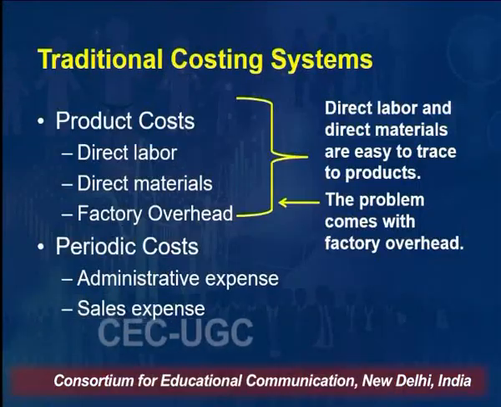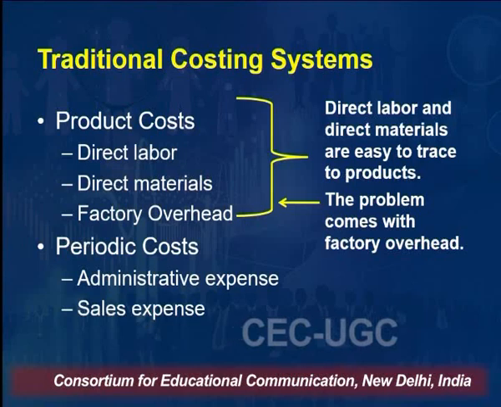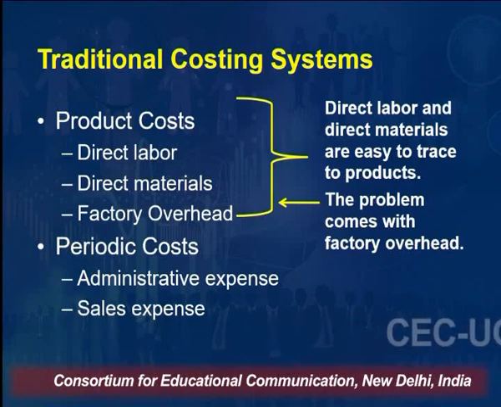But the problem comes with the factory overhead. How to allocate this factory overhead to different types of product? This was basically a problem. This has always been a problem. How to charge, how to allocate this factory overhead, how to get these overheads absorbed.